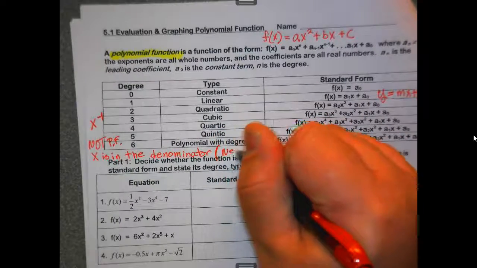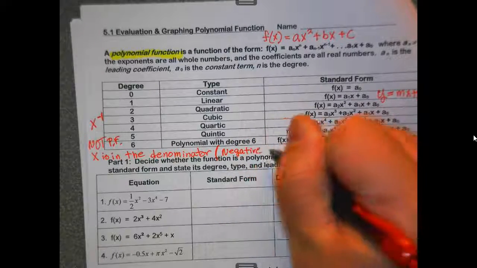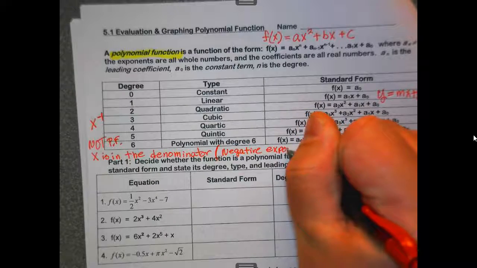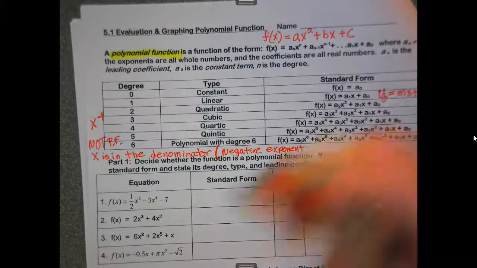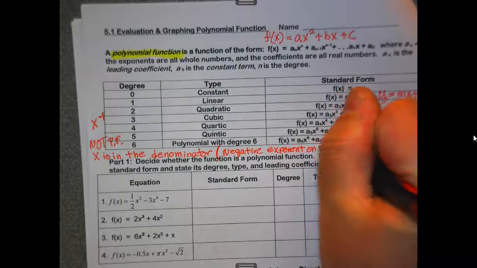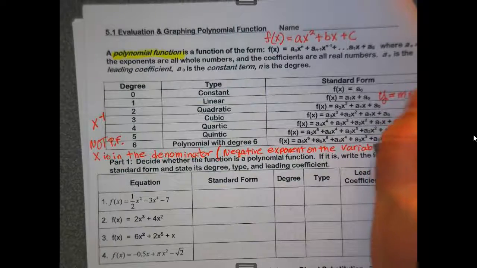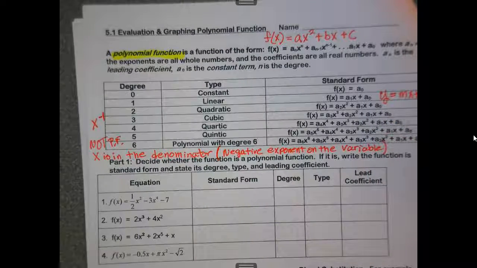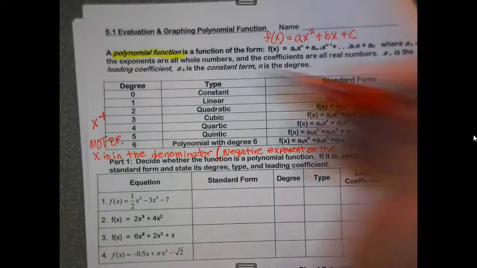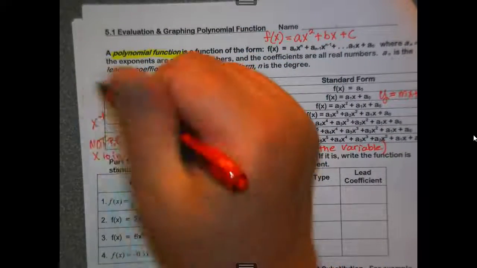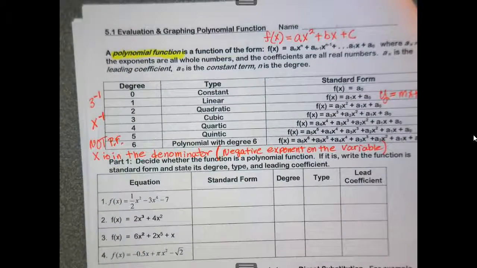So when you have a negative exponent on the variable, it's not a polynomial. Because if I have a negative exponent on the coefficient, or a, b, and c, say 3 to the negative 1, that's still a number, right?